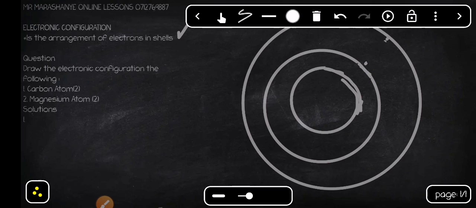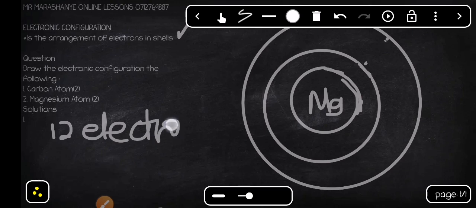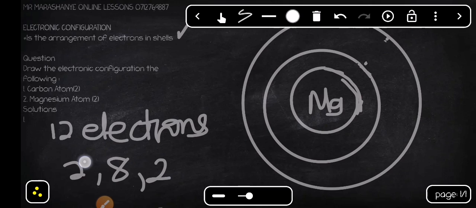So we're going to put the element symbol at the center. Magnesium is represented by Mg. Magnesium has 12 electrons. First we put 2, then we are left with 10. On the second shell we put 8, and we are left with 2. So first we put 2, then 8, then 2. So I'm going to do that.